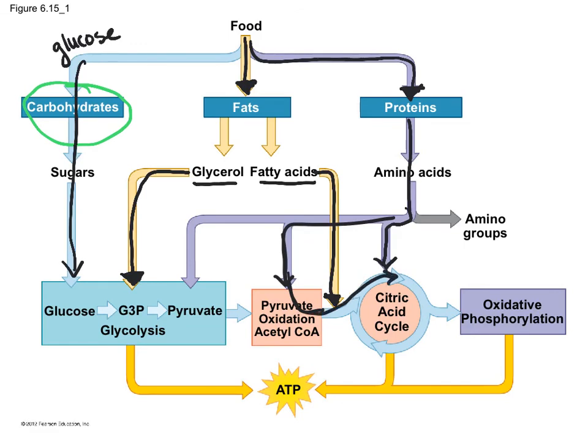And then others go way back here, get converted into pyruvate, and then get converted into acetyl coenzyme A. So those things that we consume or other organisms consume, the major macromolecules, carbohydrates, fats, and proteins, all of those can be used to produce ATP, but carbohydrates are the ones that produce the most ATP.